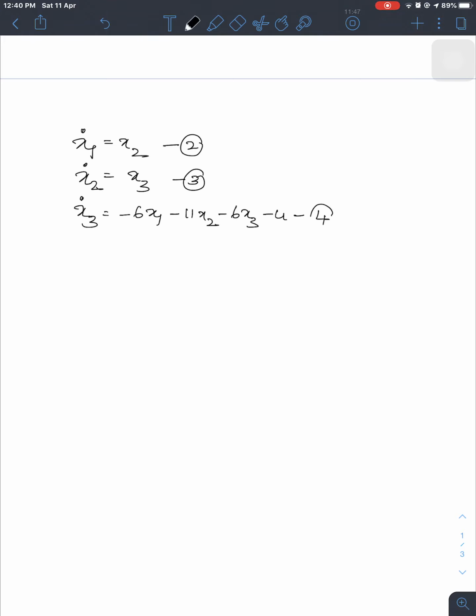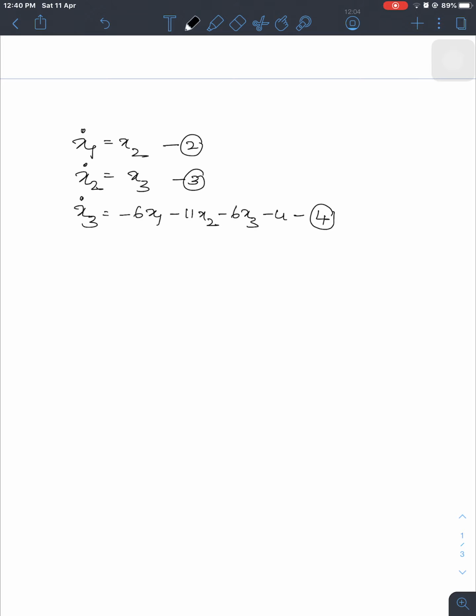This is equation 4. Now if you look at equations 2, 3 and 4, they are in the required form. That is, the derivatives of the state variables are linear combinations of state variables and input variable.